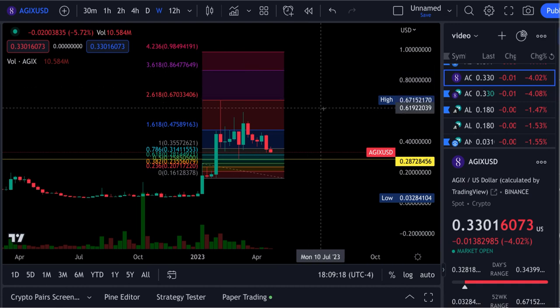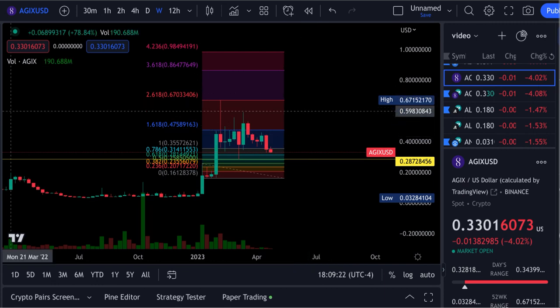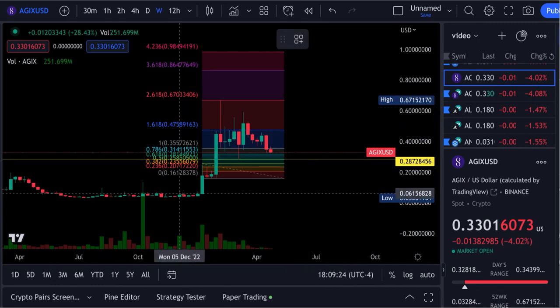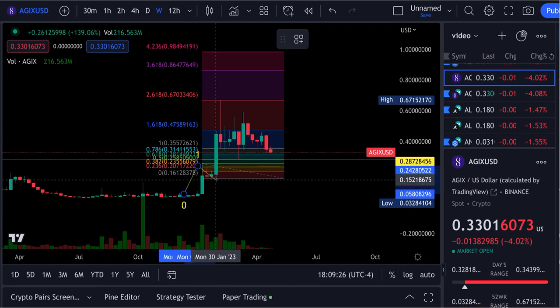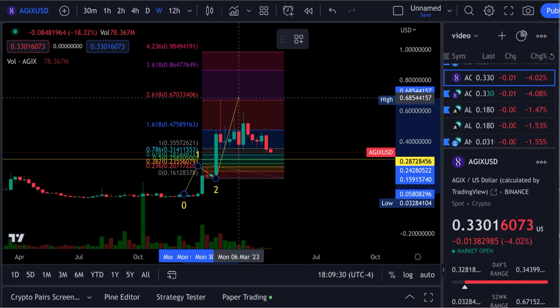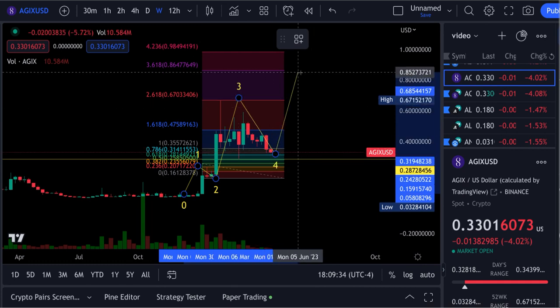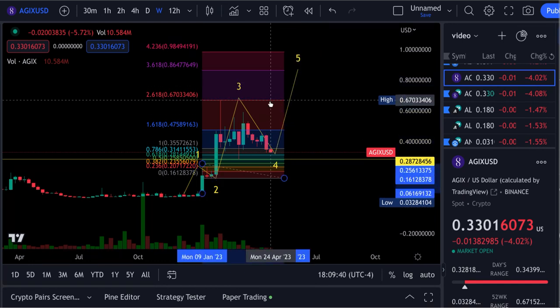The 2.618 is 67 cents, and we already went past 1.618. It's hard to say what it will end up looking like. That third wave ended up going up there. If we have a fourth wave pullback, who knows where this fifth wave, if we get it, will end up. All right, so we're going to move on here.